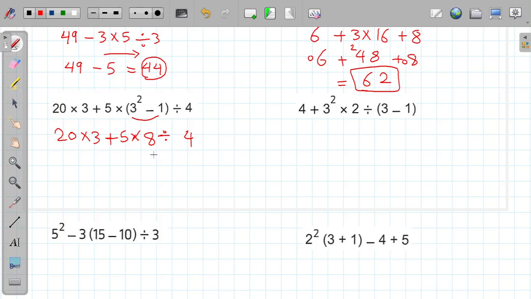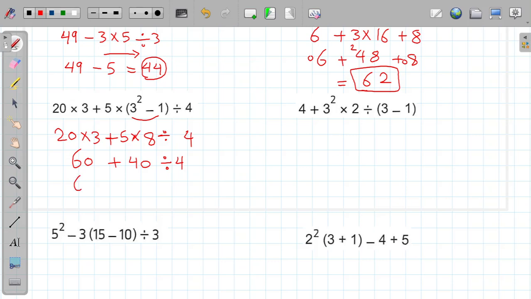So we do multiplications and division first from left to right. So I have here 20 times 3 equals 60, and 5 times 8 equals 40, and then I want to divide 40 by 4.